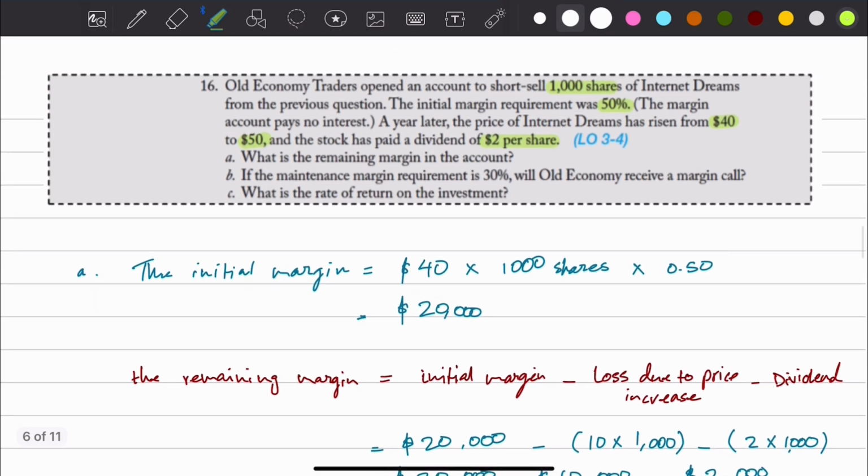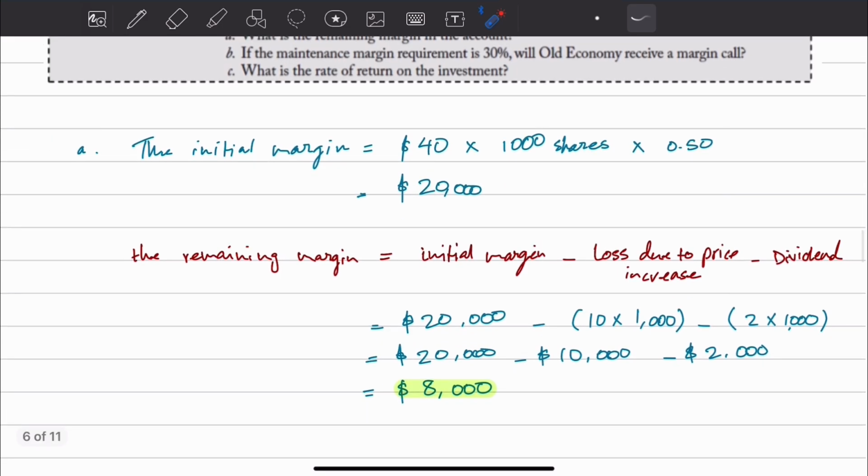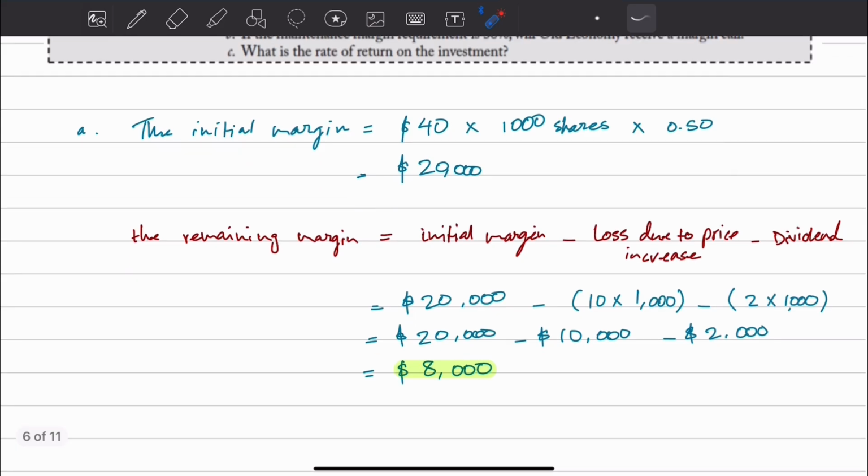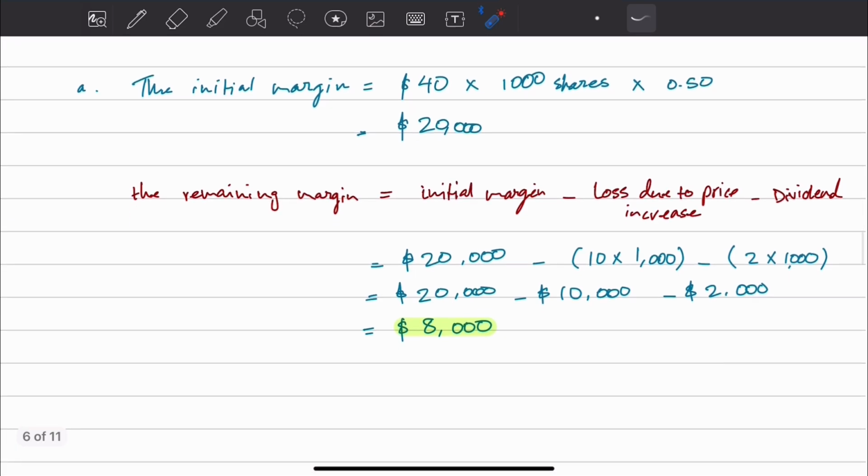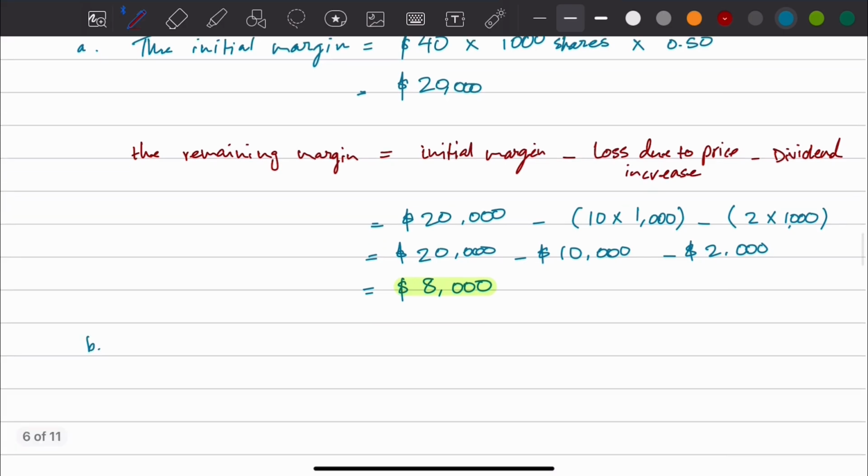All right, let's go over to part B. It says, if the maintenance margin requirement is 30%, will Old Economy receive a margin call? So the maintenance margin requirement is 30%. And we need to determine if they're going to receive a margin call or not. How do we determine that? We need to first find the margin on the short position. So B, let's write down the formula.